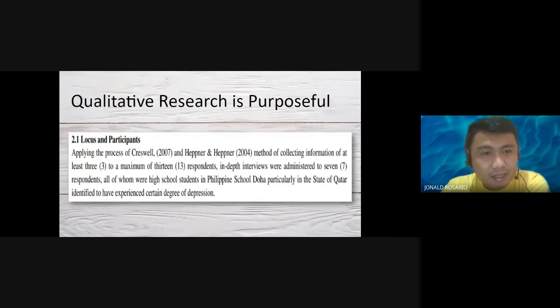Okay? Ano pa yung isang criterion? Experience or identified to have experienced certain degree of depression. So yan ang pangalawa. So that's why in selecting our participants, it must be purposive. So that's why qualitative research is purposeful. So that's the second characteristic. Isulat po ninyo sa inyong mga notebook.